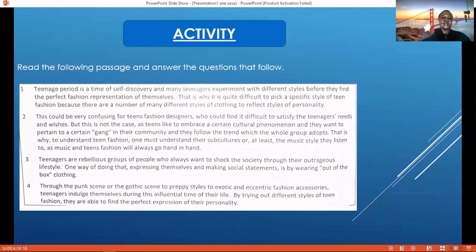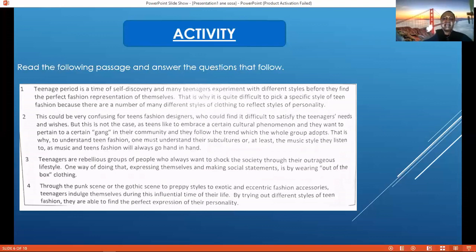Teenagers indulge themselves during this influential time of their life by trying out different styles of teen fashion. They are able to find the perfect expression of their personality.